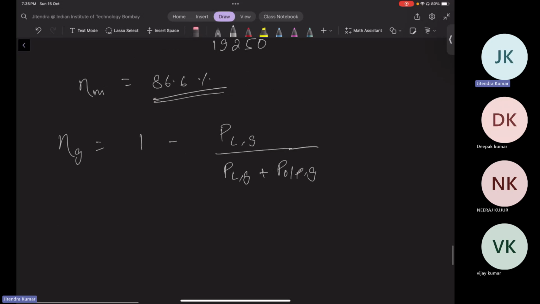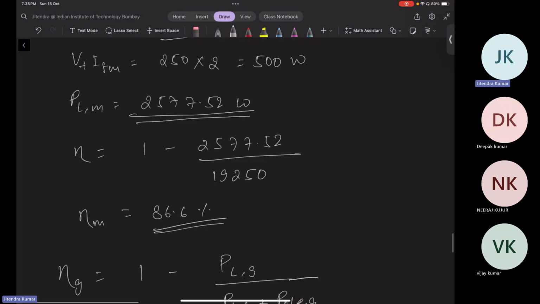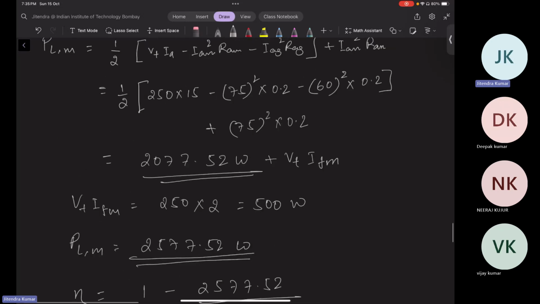Okay, so losses in generator will be straightforward, just the same part plus different things. So what is the value of this component?